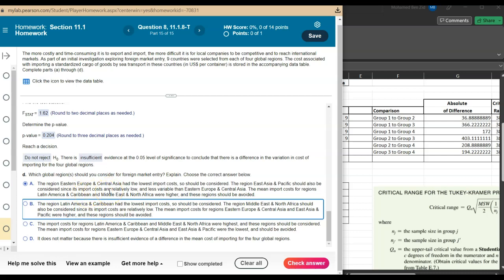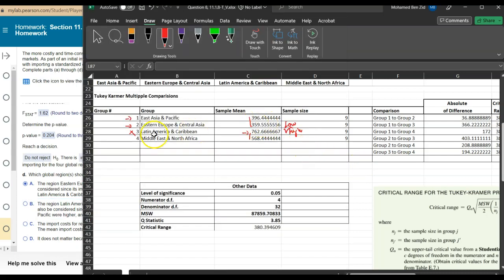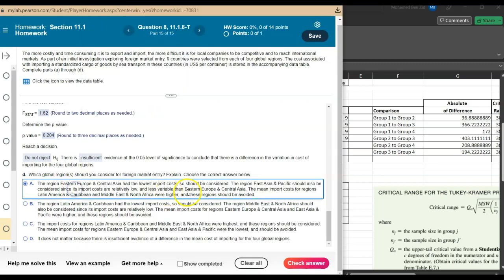That's again the same conclusion we came up with, right? So these two here, they should be considered, all right? And that's basically it. The mean import cost for region of Latin America and the Middle East, they are the highest, and these regions should be avoided. So I will go with A, all right?